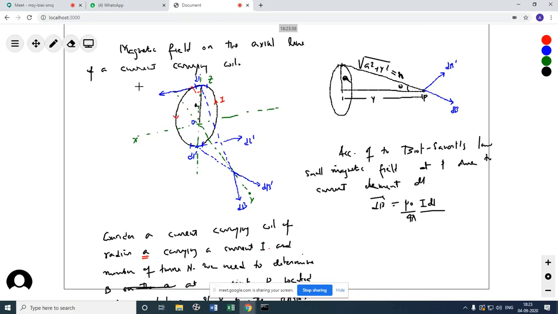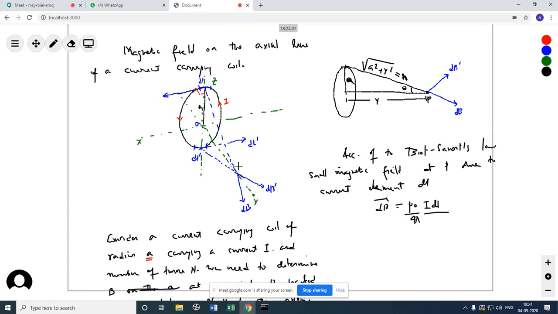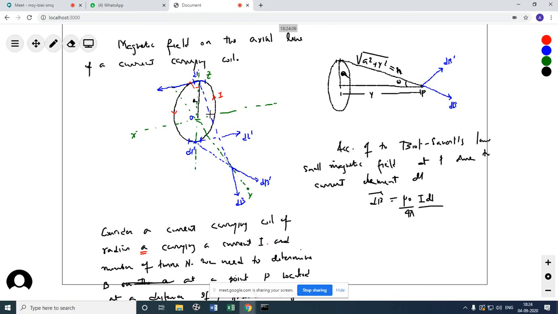Fine. How much is this one then? This would be a square plus y square, square root, Pythagoras.